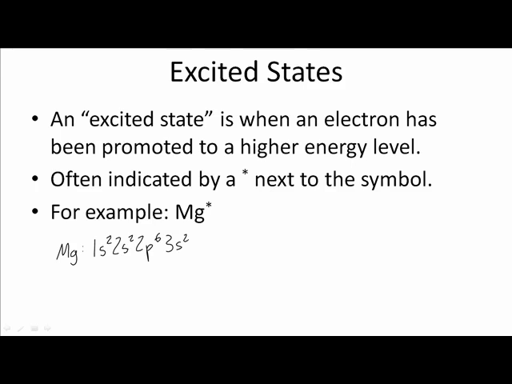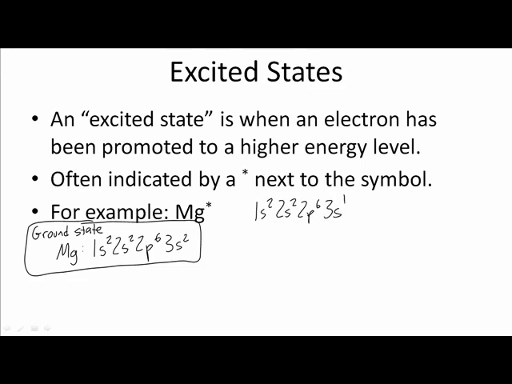Now, an excited state of magnesium, there are lots of possibilities. So here's the ground state. An excited state of magnesium would take one electron from a lower energy level and move it to a higher energy level. So, for example, you could have 1s2, 2s2, 2p6, 3s1, and then you could promote that extra s electron to, say, 4s, and have 4s1. But there are millions of possibilities. You could promote an electron from, say, 2s to 4s.